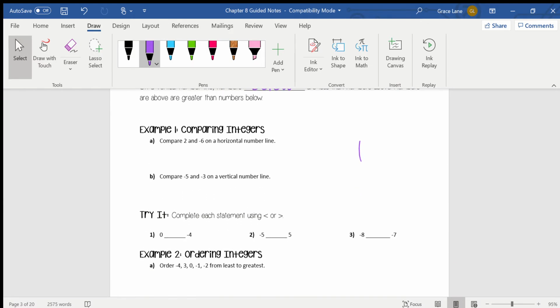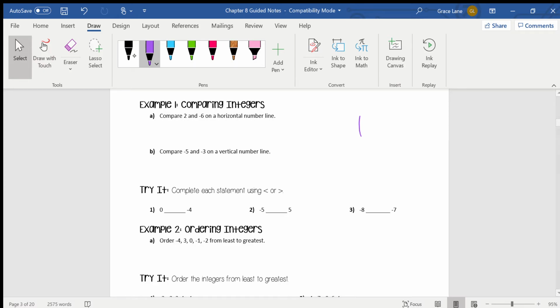And so, for example 1, you are just going to compare 2 and negative 6. So you're going to say which is greater than or less than. So if you think about a number line, here's 0. I'm going to count by 2's.